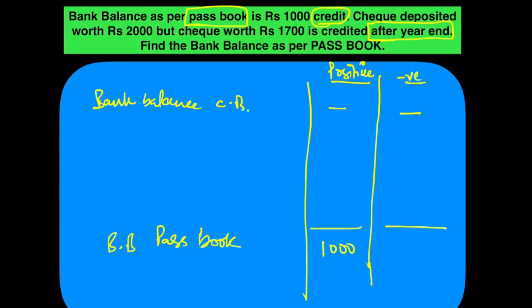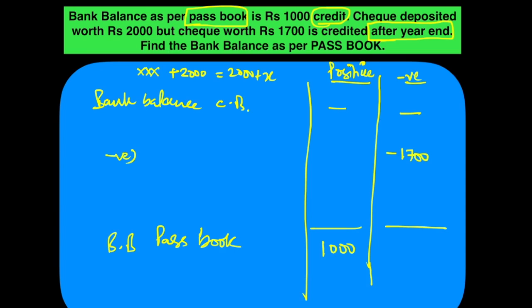Check deposited worth rupees 2000. So a check was deposited worth rupees 2000, but 1700 is credited after year end. So what happened was there was X balance as per cash book. Then we deposited check of 2000 rupees, so we had 2000 plus X, but 1700 was credited after year end. So we are supposed to reduce 1700 because the only adjustments that you can make is in the cash book and not in the passbook.